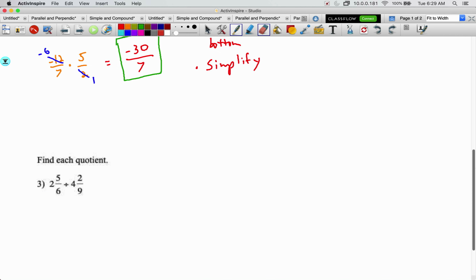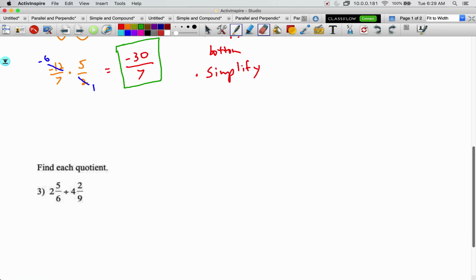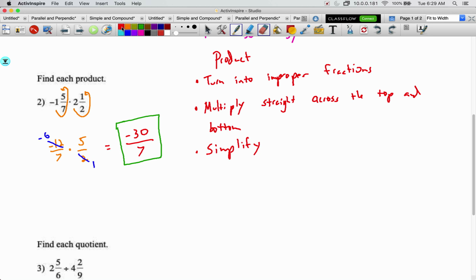All right, quotient. So how do we find the quotient? All right, in order to find the quotient, again, we need to turn into improper fractions.